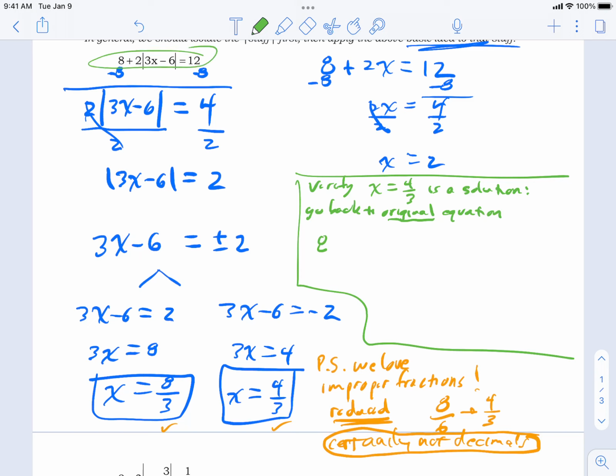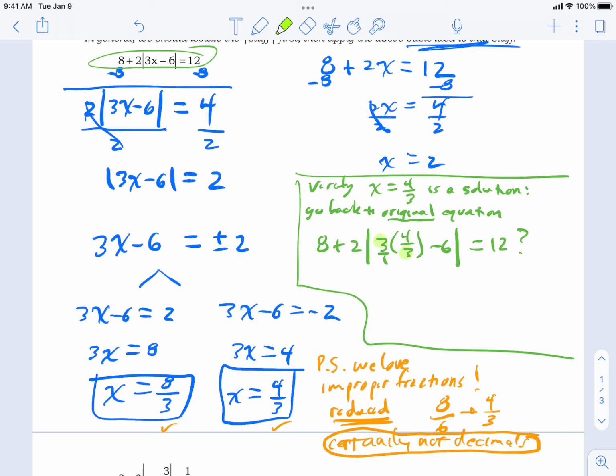So I say, does 8 plus 2 times the absolute value of 3x, means I'd have to multiply 3 times 4/3, minus 6, close that. Does that equal 12? Question mark. That's the issue. Now in order to figure that out, first you'll have to multiply these two things together. Remember how to do that? You think of the whole number 3 as a 3/1. Next, whenever you're multiplying, you can think about cross-canceling.